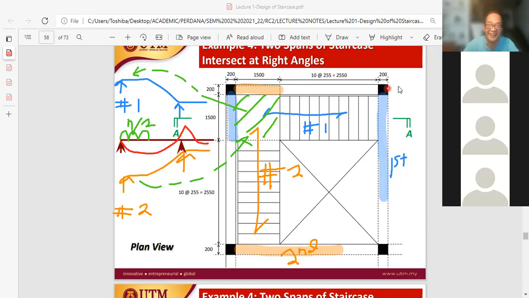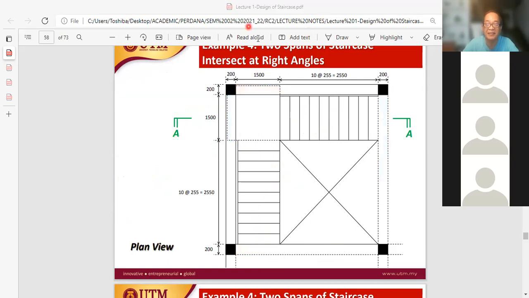However, if this particular case, let's say for argument's sake, I maintain the beam for flight number 1.